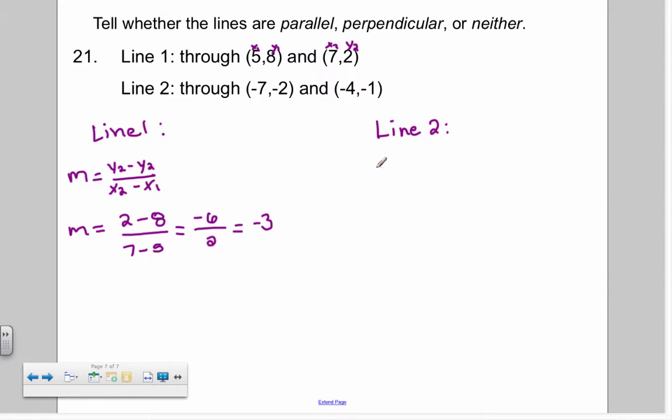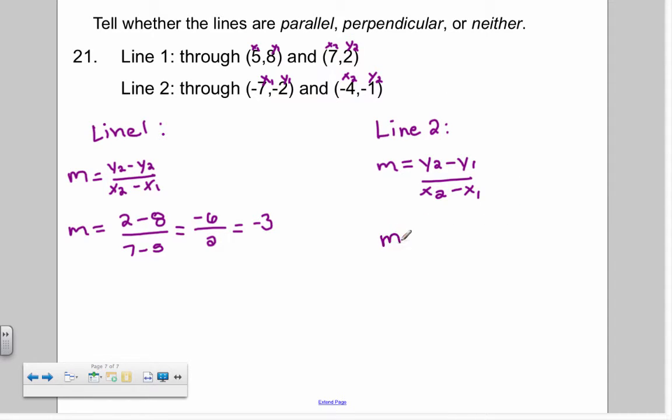Over here, we can find the slope of line 2 using the same formula. m equals y2 minus y1 over x2 minus x1. And again, I can label my points here: x1, y1, and x2, y2.